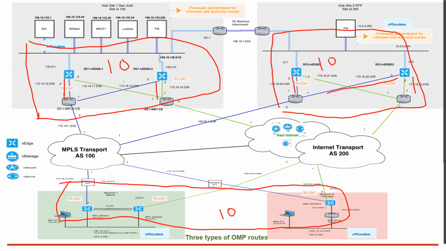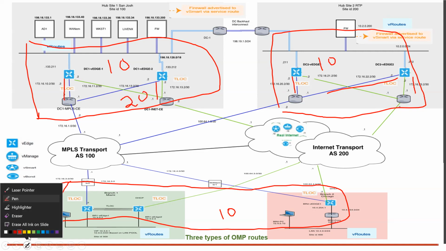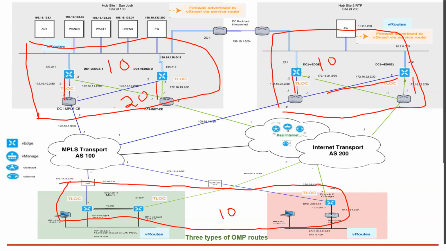Again, I can create another instance of service, which will be VPN 20, in green. Then I can create 30, 40, n number of VPNs.